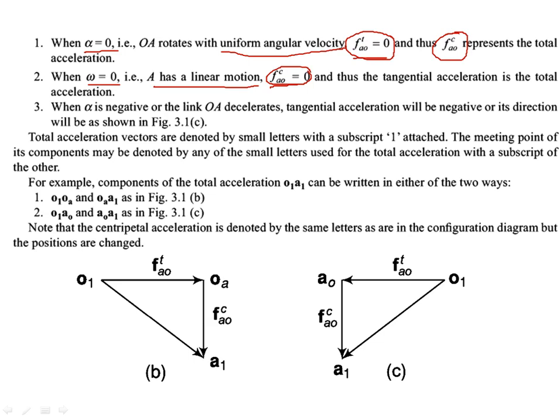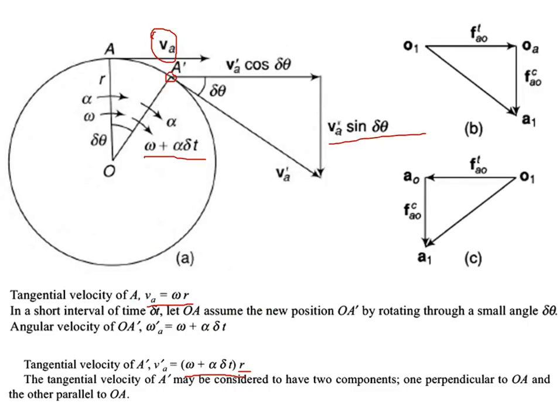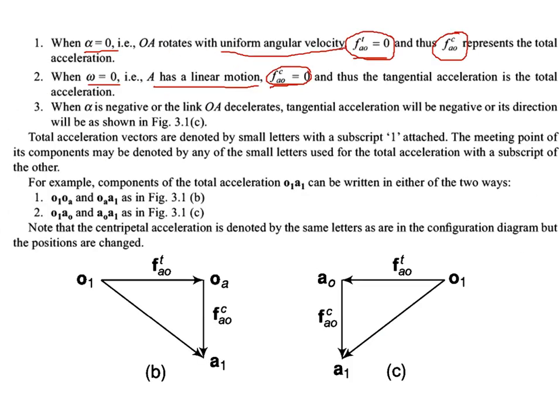If you want to draw from O to A, with respect to the link, we are seeing how to take O1 to A1. For normal velocity we have taken small o and then small a. For acceleration we add one more 1 to that subscript.